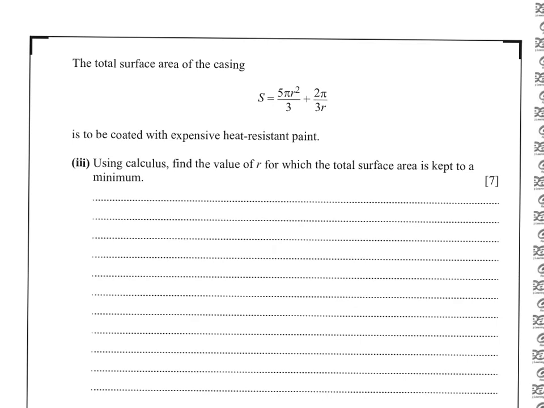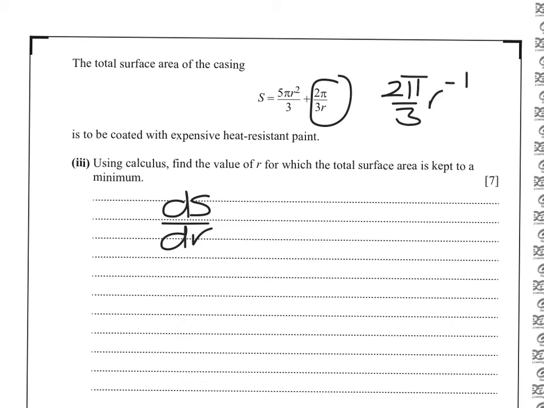Finally, we are asked to find the value of r for which S is a minimum. Minimum means we want to differentiate, so we want dS/dr. Before we can do that, we need to rewrite this as 2 pi over 3 r to the power minus 1.